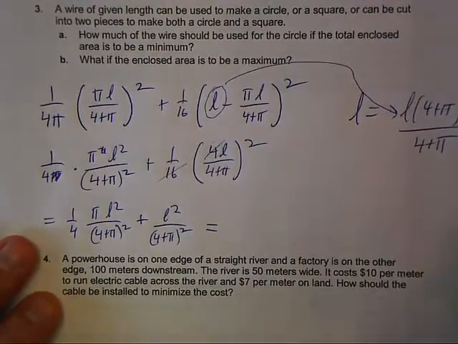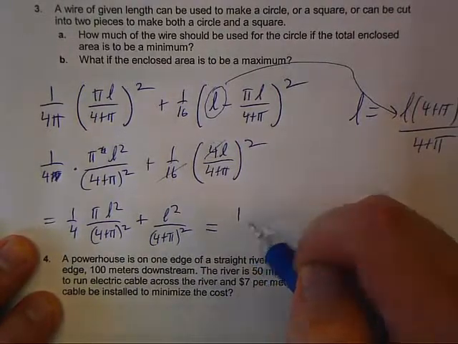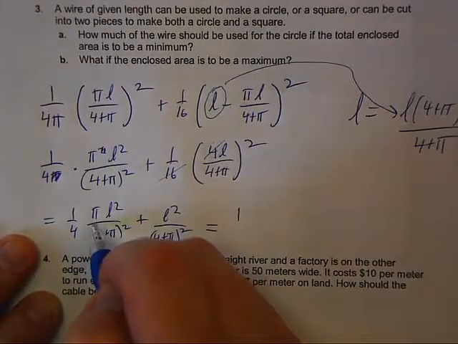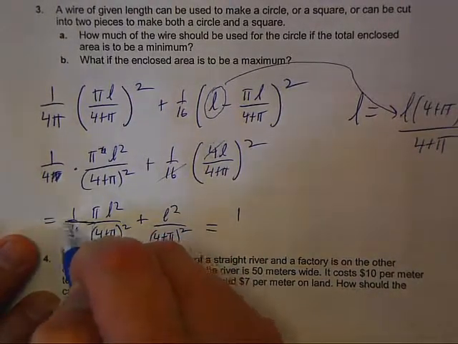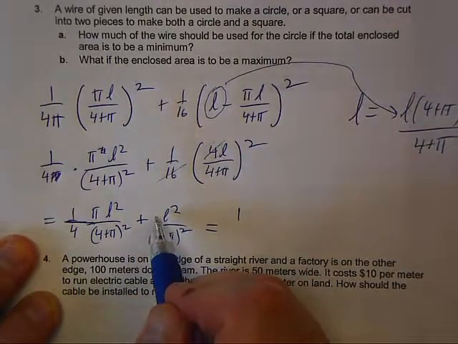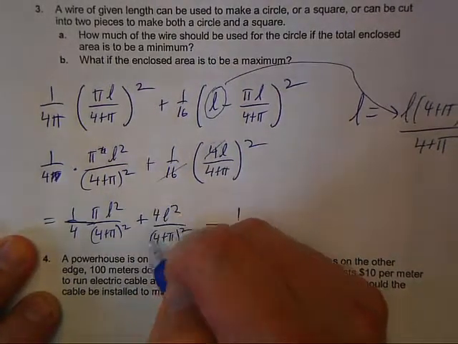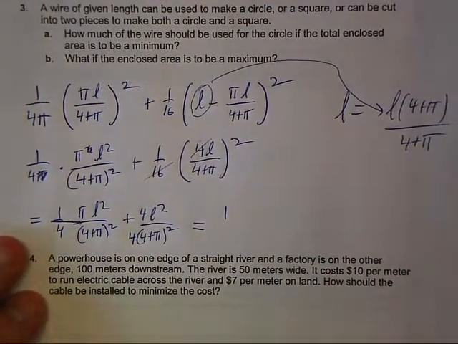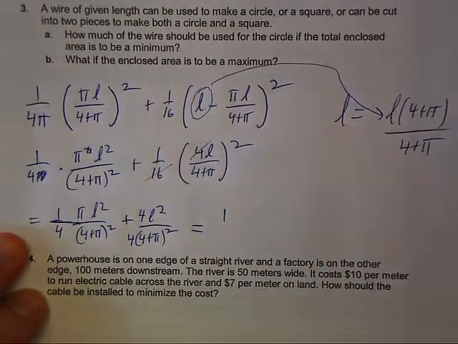Well, they don't have the same denominator, do they? Because this one has a 4 on the bottom. So what do I need? I need to put a 4 on top and a 4 on bottom of that one, to make the common denominators.